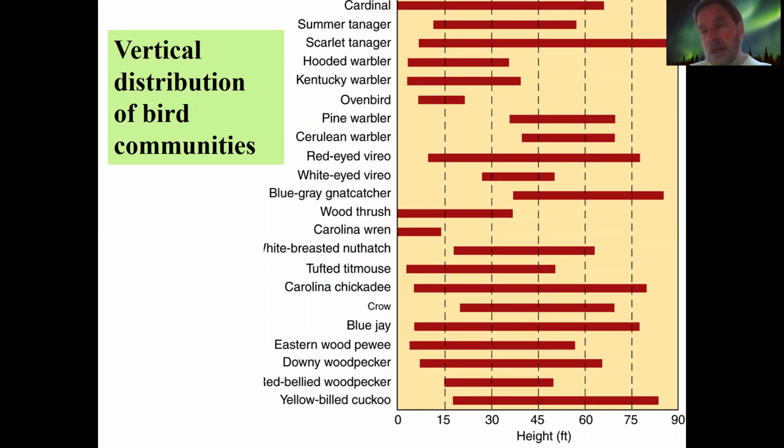Some types of animal communities are highly dependent on the plant communities that are there, especially with respect to vertical stratification. The more layers of trees, shrubs, middle story trees, ferns, grasses, the more different types of layers, the more birds you have, because birds tend to feed and nest in different layers. The more layers, the more bird species.